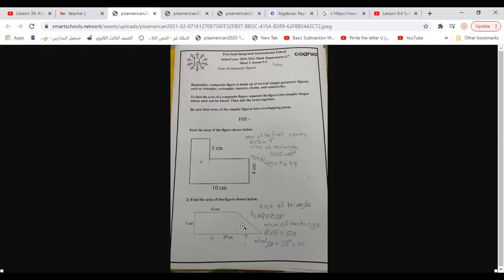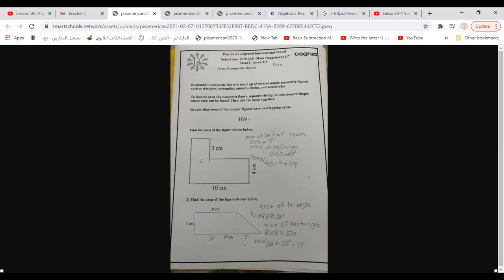What is the area of the triangle? Judy, you solved your homework yesterday, right? Okay, so what is the area of the triangle, Judy?